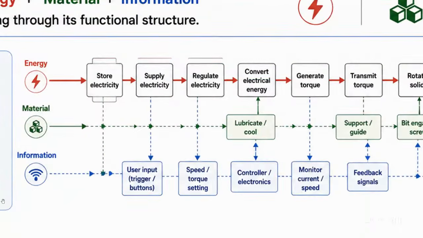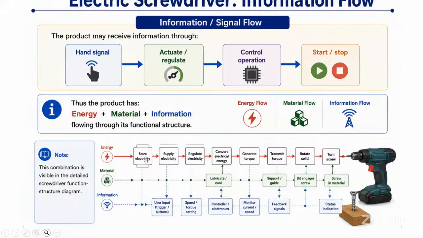So whatever we discussed, the energy flow starts with electricity, storing and supplying of electricity, regulation and conversion of electrical energy, generating torque, transmitting the torque, rotate the solid and turn the screw. Turning the screw will be done only if the material flow has already happened. That is, you took the screw, you imported it, and then you brought it to the correct required form. Then electrical energy did the function.